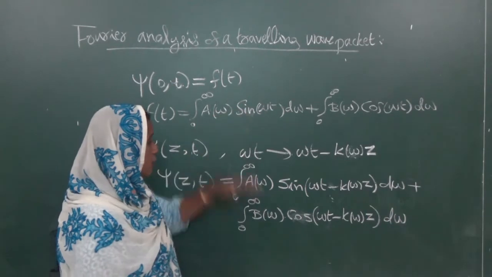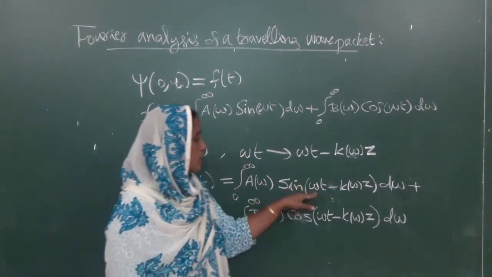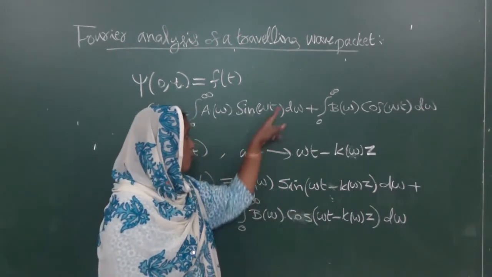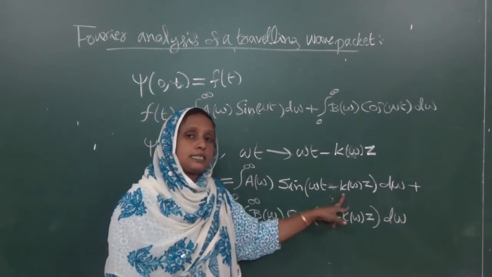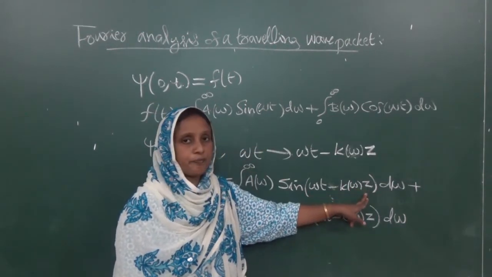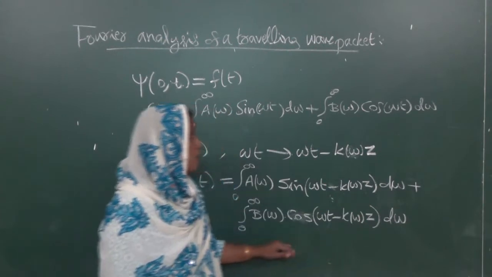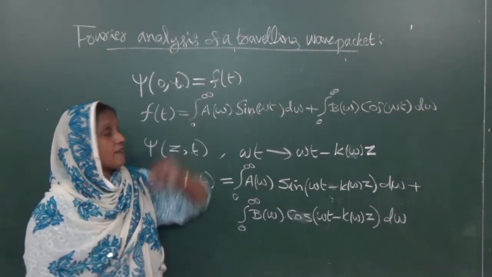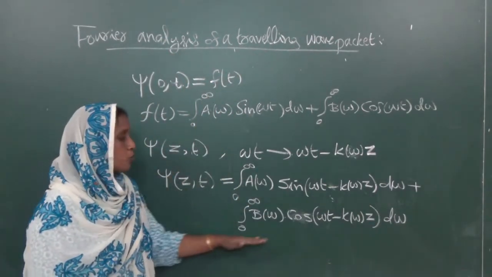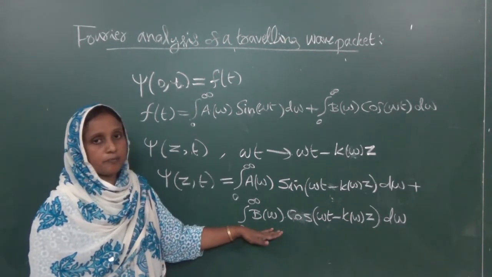So from the earlier expression to this expression, we have to change the argument from ωt to ωt minus kz. So we get the expression for a traveling wave packet passing through a medium like this.